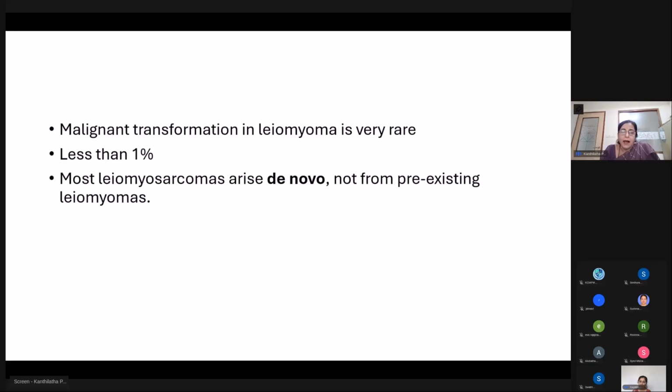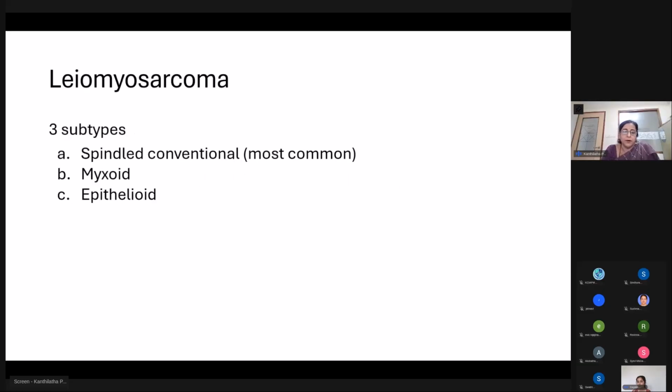So, whenever you have some areas which look different, which look softer, which may look a bit yellow, always sample those areas, because those areas might be harboring a sarcoma. So that's the message I want to give from this case. Otherwise, it's quite straightforward. It has all the features of a leiomyosarcoma.